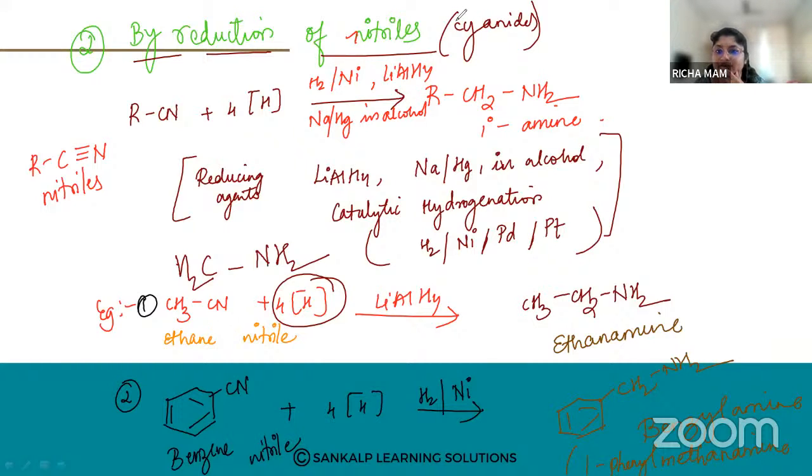So we are left with four more preparations, which we will see in tomorrow's class. Today we have discussed what amines are, the classification of amines, the structure of amines, and the IUPAC nomenclature.